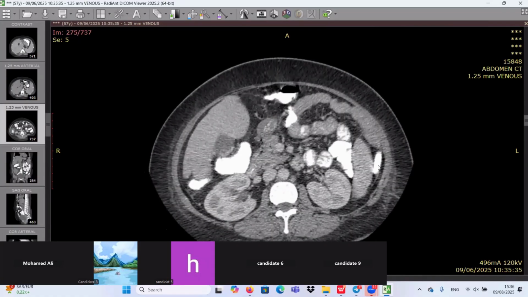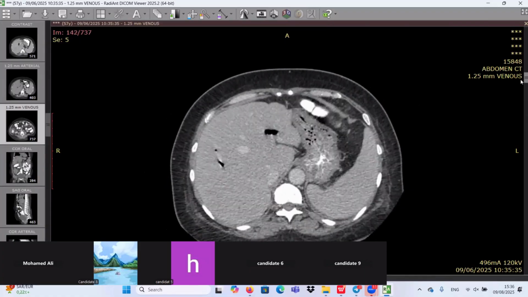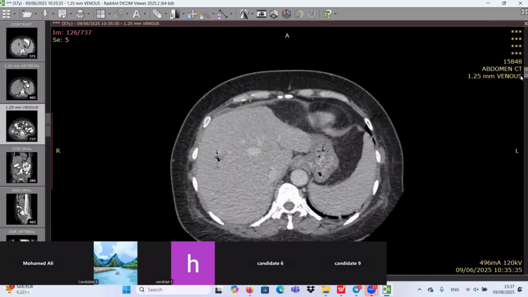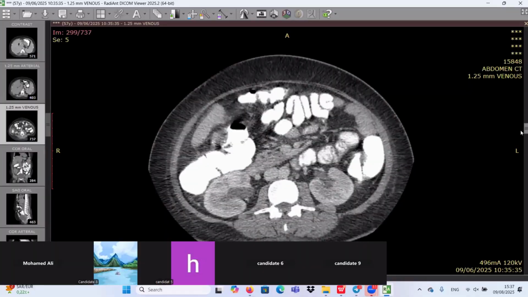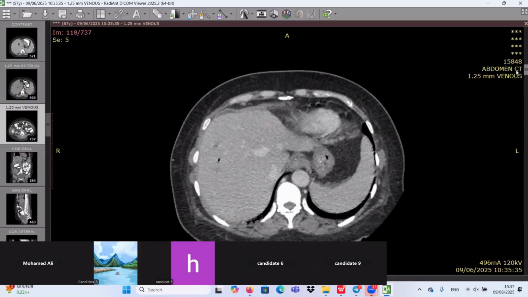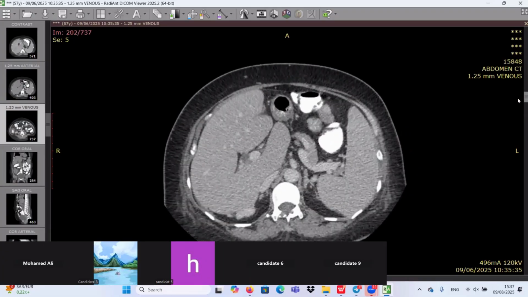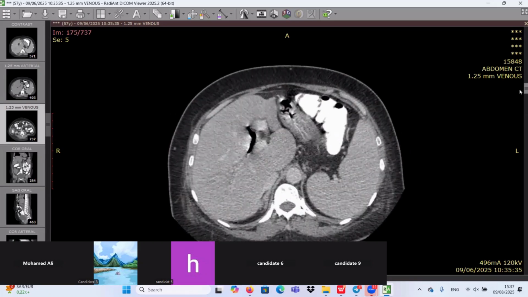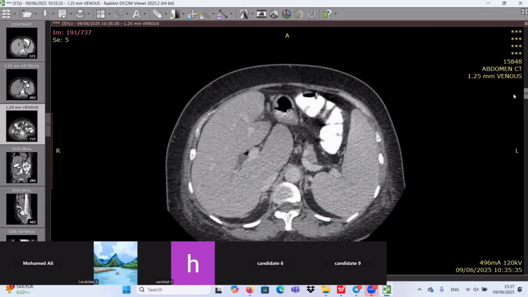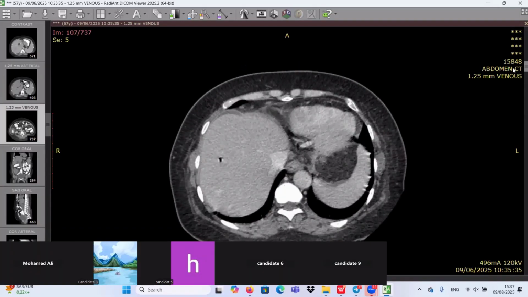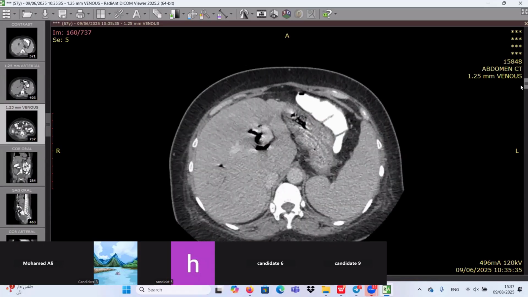I'm suspecting something in the right lobe of the liver. There might be a focal lesion here, but I'm not sure. In the periphery, yeah, I think there is a focal lesion, here in segments 7 and 8, multiple in the liver dome.